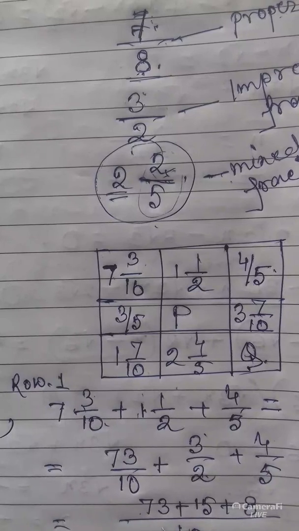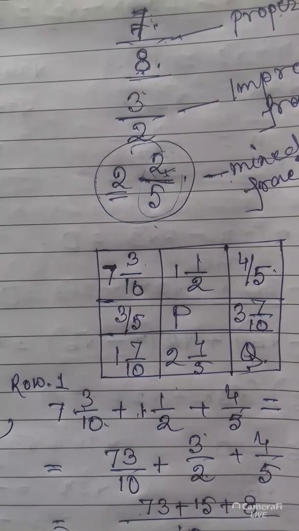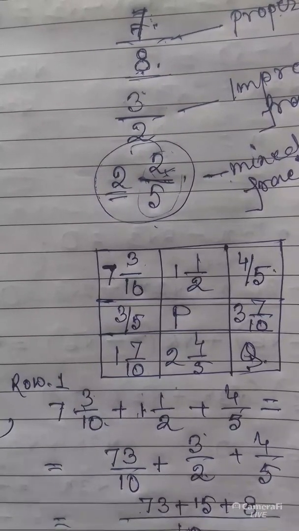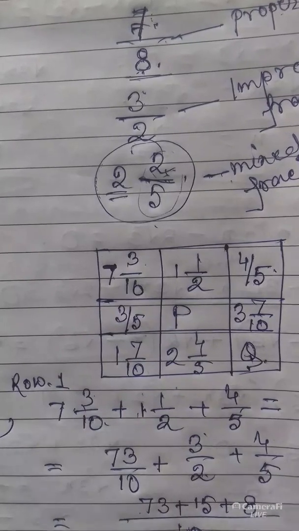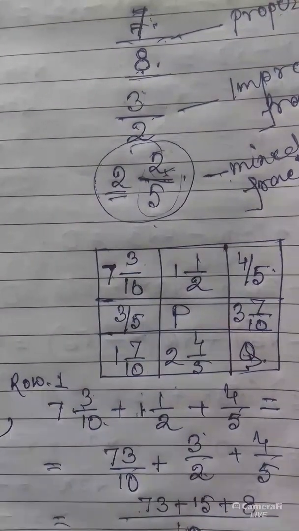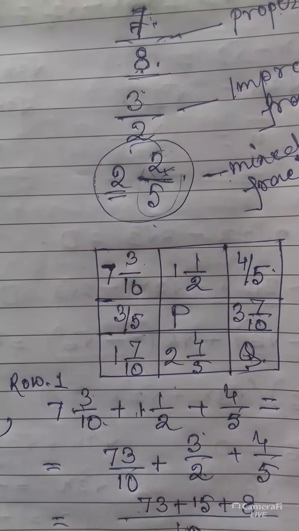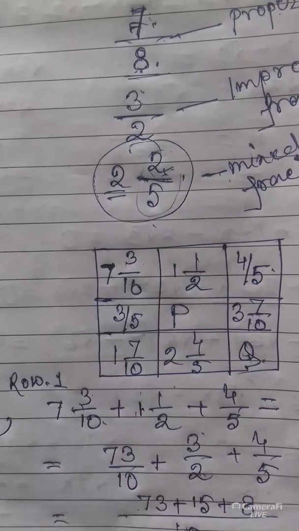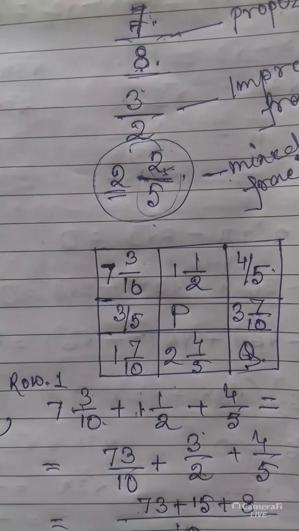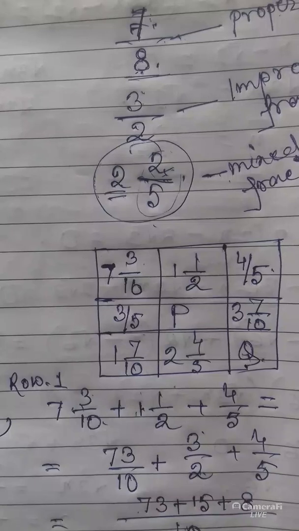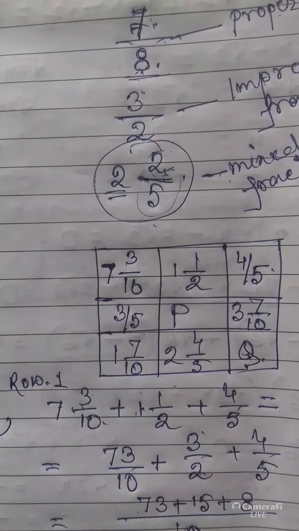So 73 plus 15 plus 8 is 96 by 10. We have to change it to simple form: dividing by 2, 96 by 10 becomes 48 by 5. So the sum of the first row is 48 by 5.